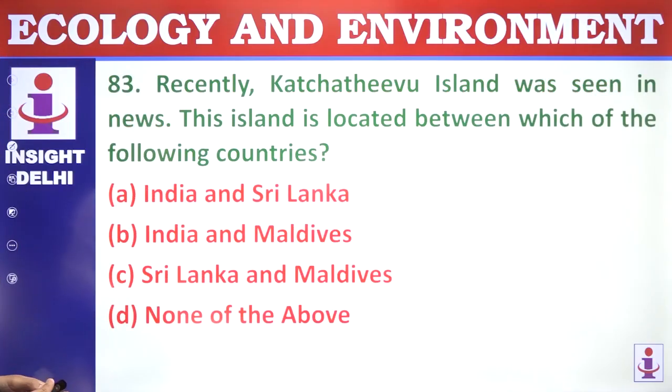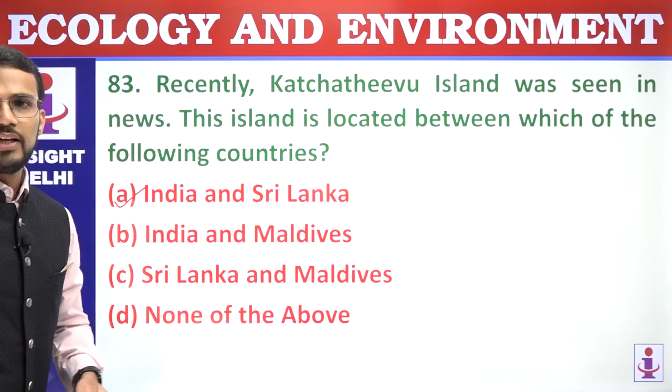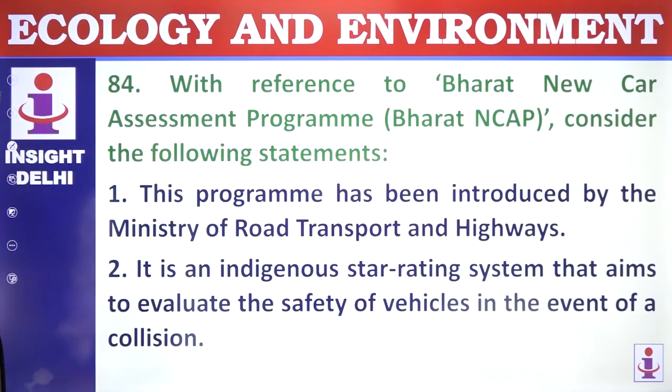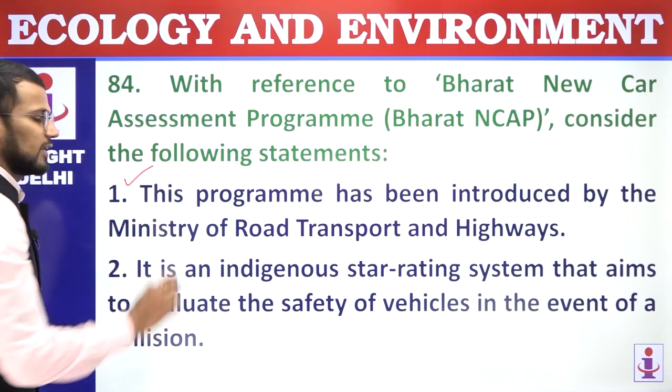83. Recently, Kachativu Island was seen in news. This island is located between which of the following countries? It is a disputed island between India and Sri Lanka. Answer is A. 84. With reference to Bharat New Car Assessment Program, Bharat NCAP, consider the following statements. First, this program has been introduced by the Ministry of Road Transport and Highways. Correct statement.